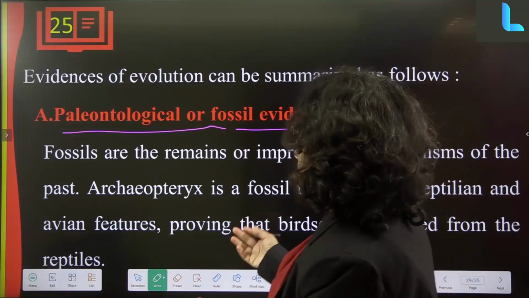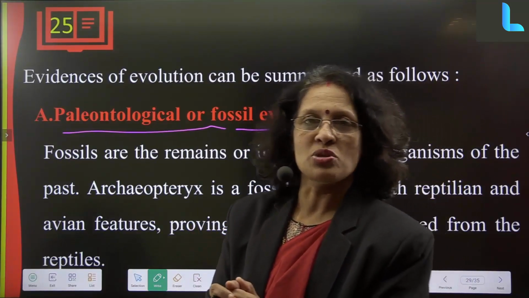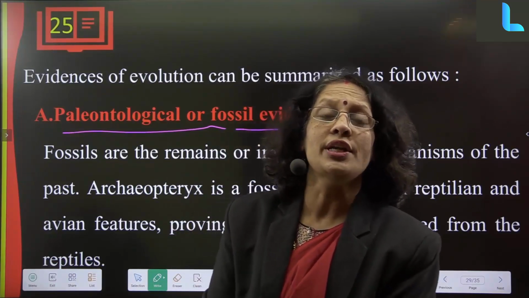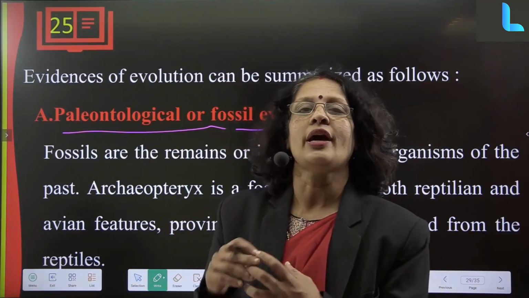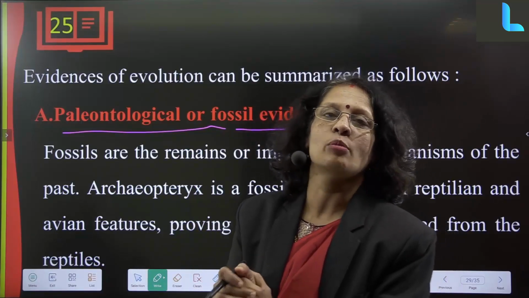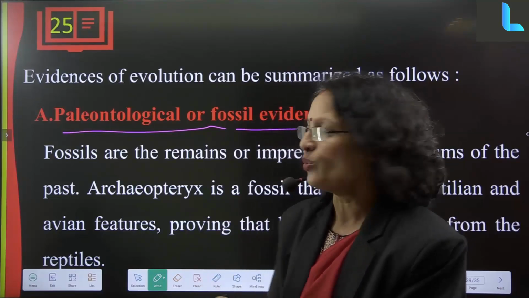So from fossil studies, fossils are structures obtained many years later, which were buried under the earth's crust, and by digging after many years, when they come out, scientists try to study what kind of animals they were. You would have heard about dinosaurs also. One movie has come, and you would have watched that movie also.